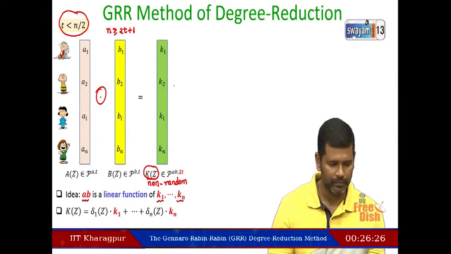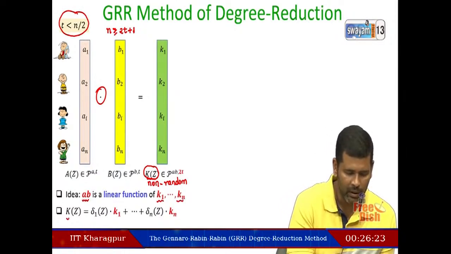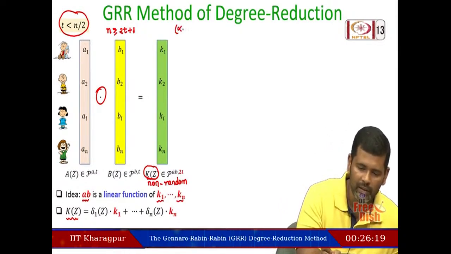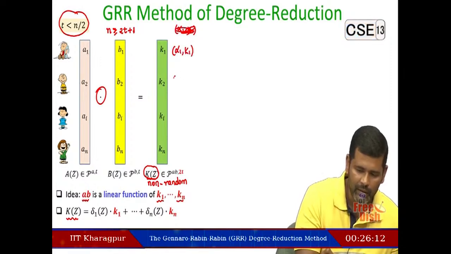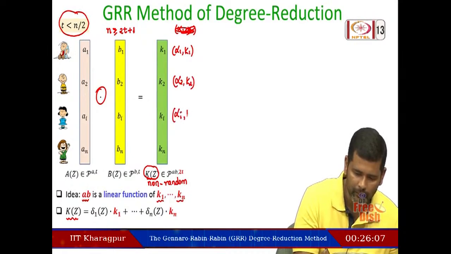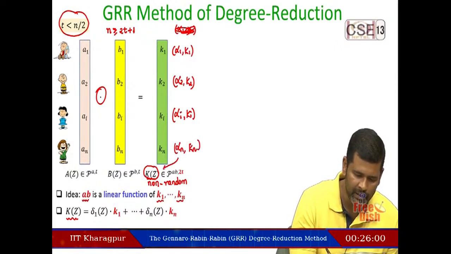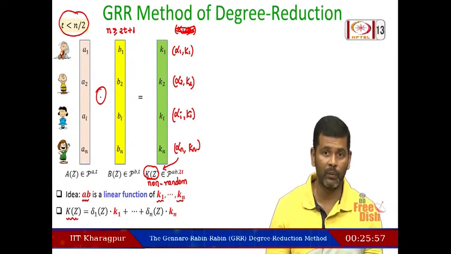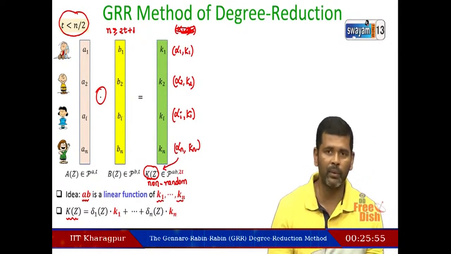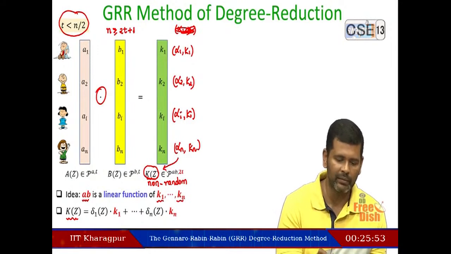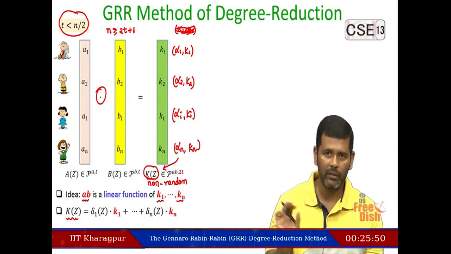This is because we know that alpha 1 k1, alpha 2 k2, alpha i ki and alpha n kn together interpolate this k polynomial uniquely. Why uniquely? Because n is greater than or equal to 2t plus 1 and the degree of the k polynomial is 2t.